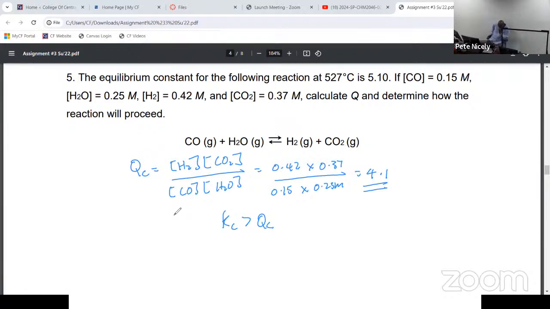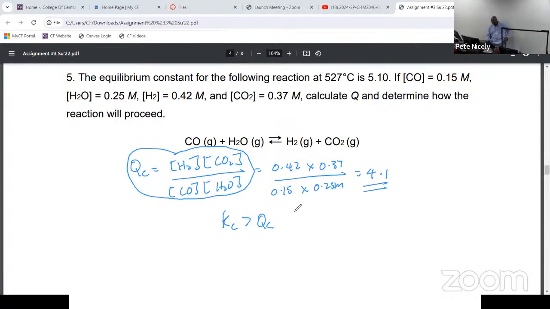So how will QC increase? Here's the hint right here. How would you increase QC? Right, so the numerator terms would have to increase, which would necessarily mean that the denominator would decrease.